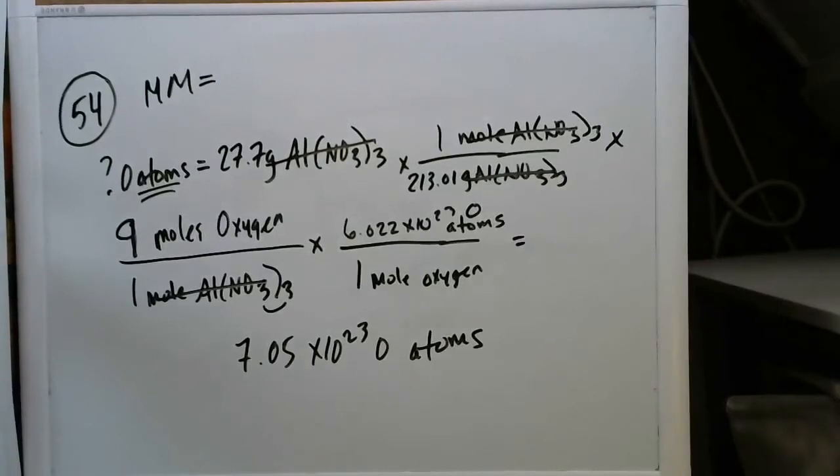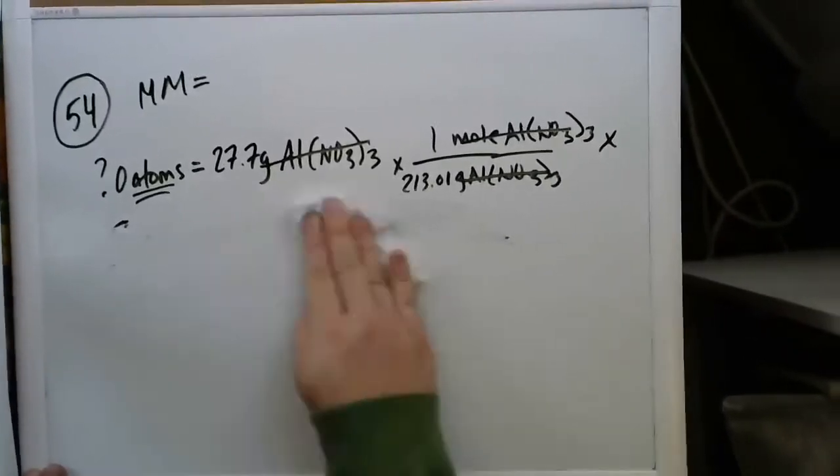All right. Oh, number 55 is a good one. I'll do that one. This one's kind of like working backwards from what we normally did.